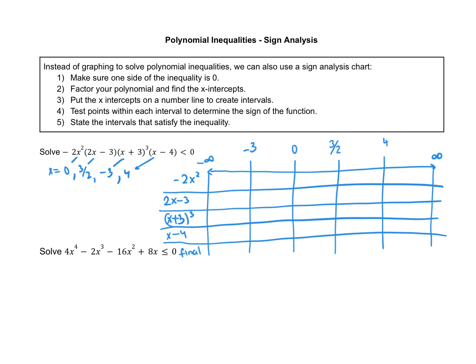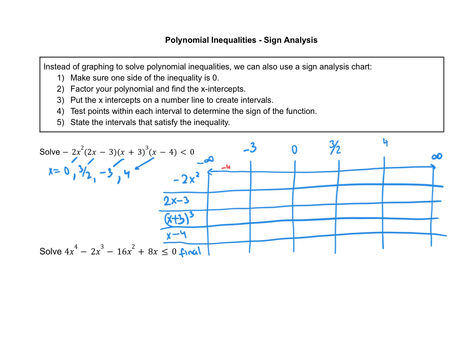Now what we're going to do to test, we're going to pick a value within each interval and test its sign within each of the factors. So for example, between -infinity and -3, I'm going to pick a test value of -4. I'm going to plug in -4 into each of these factors, and then I'm going to look at the signs to get the overall sign of my function.